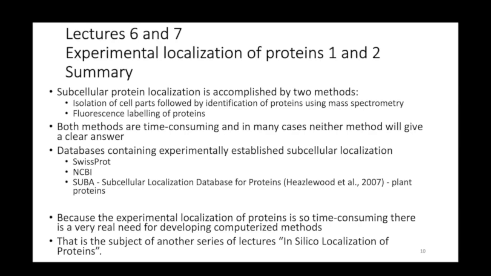So, the take-home message from lectures 6 and 7, experimental localization of proteins, is that subcellular protein localization can be accomplished by two methods. There's isolation of cell parts followed by identification of proteins by mass spectrometry. And there's fluorescence labeling of proteins. Both methods are time-consuming, and in many cases, neither method will give a clear answer.